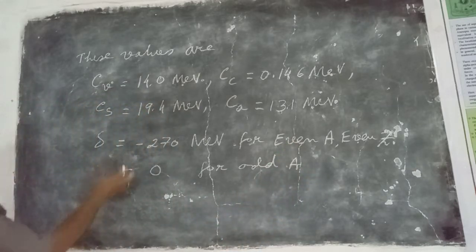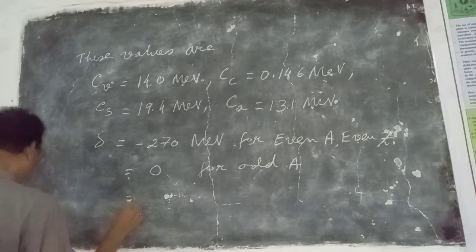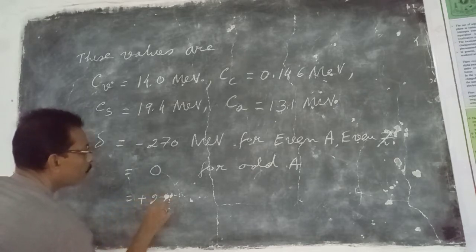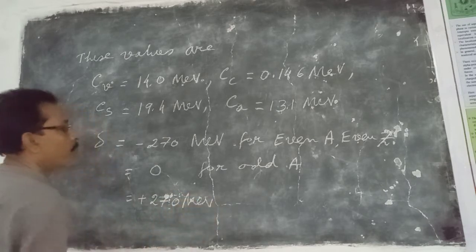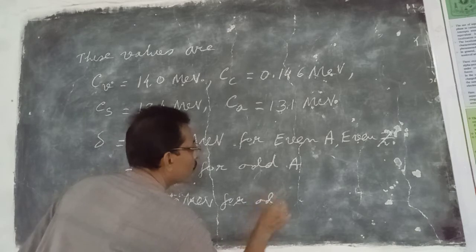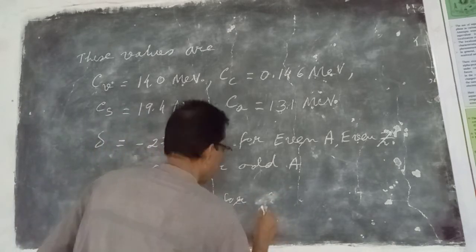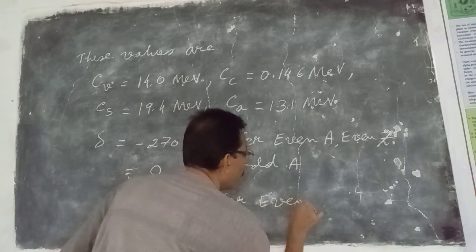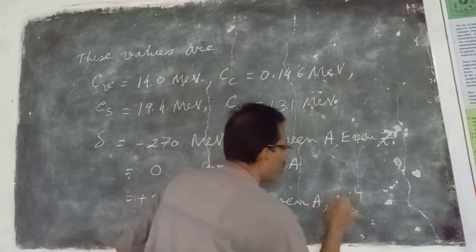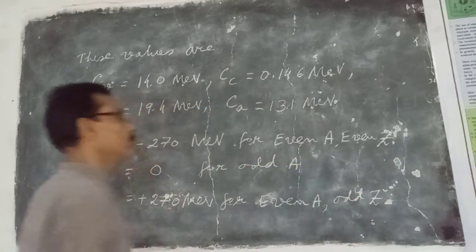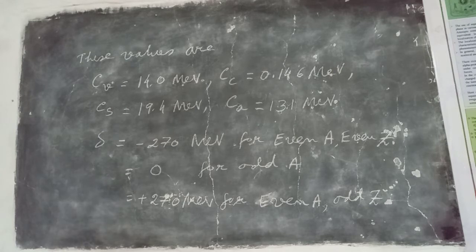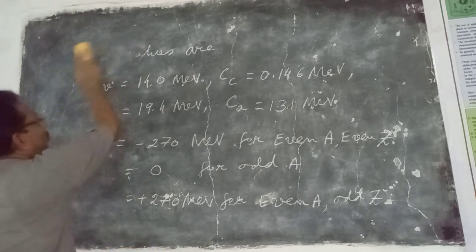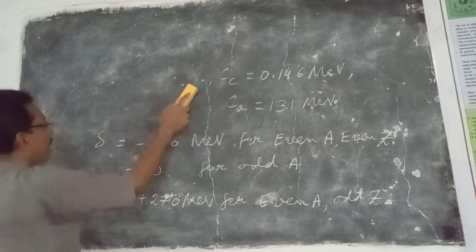When A is odd, the pairing energy term is 0, and this is plus 270 MeV for even A, even Z. So these are the parameters fitted to find the exact experimental value of the mass of a particular atom, or the binding energy of that nucleus.